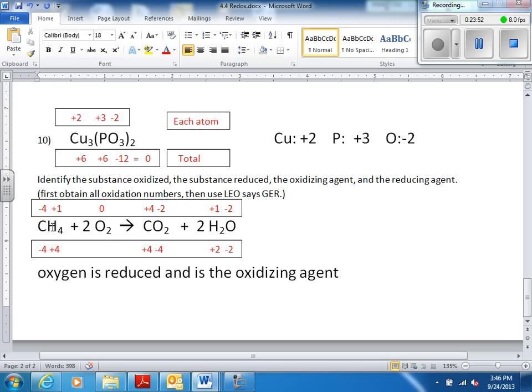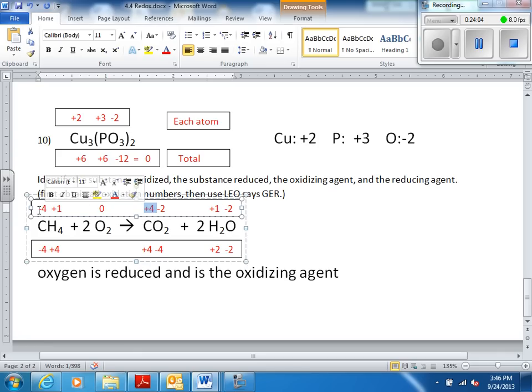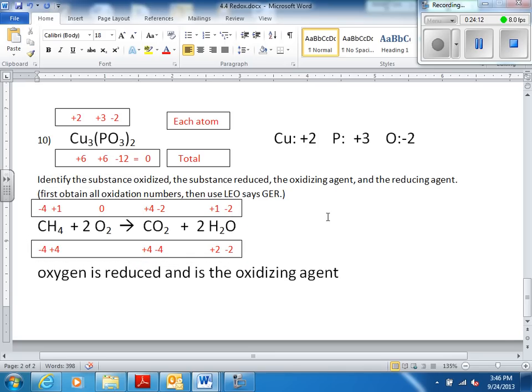Now, carbon, who else changed? Notice the hydrogens didn't change at all. They went from +1 to +1. Carbons, however, went from -4 to +4. So if you're going from -4 to +4, the oxidation number is going up. That means you lost electrons. Losing electrons is oxidation.